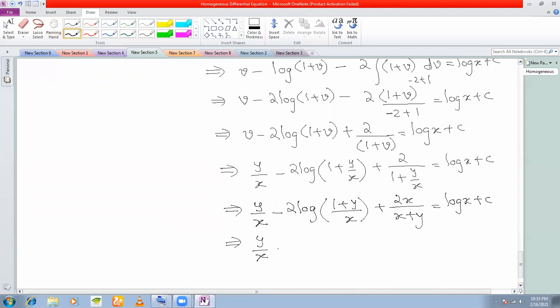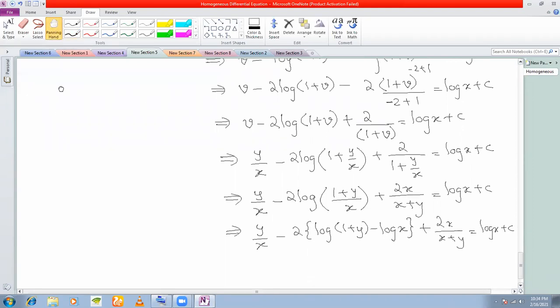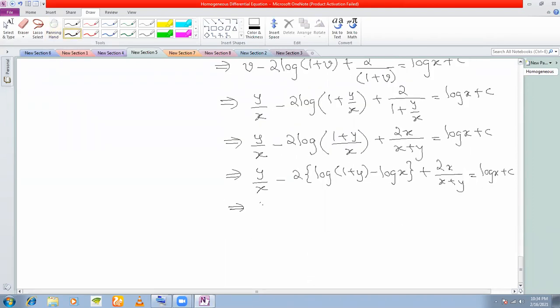You can write this as y by x minus twice into log 1 plus y minus log x, plus 2x by x plus y is equal to log x plus c. That means you get y by x minus twice log 1 plus y minus twice log x plus 2x by x plus y is equal to log x plus c.